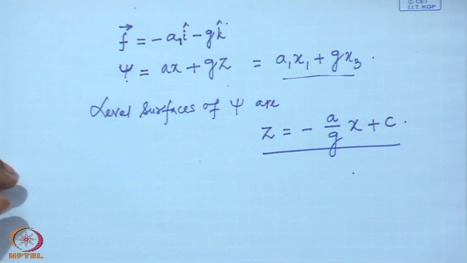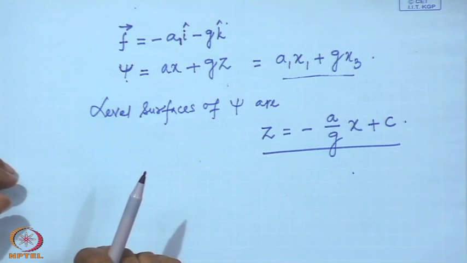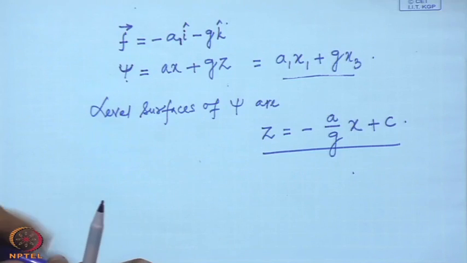Now, to find the pressure, we have to integrate certain equations, and as we mentioned already, we can integrate if we assume that the density is uniform. For non-uniform density, we must know the exact explicit variation of density. So, just to avoid that, let us consider uniform density.